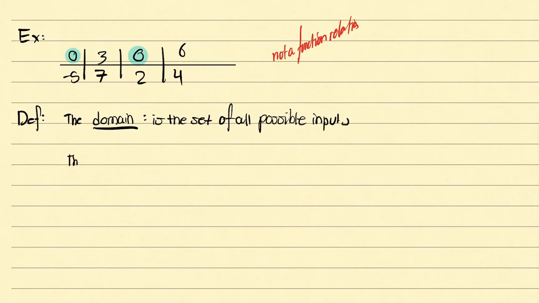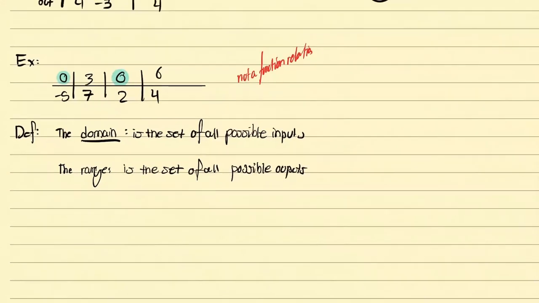The range is the set of all possible outputs. So these are important concepts because I'm going to be referring to what domain and range is all the time, because it's an important concept when we get into analyzing functions.